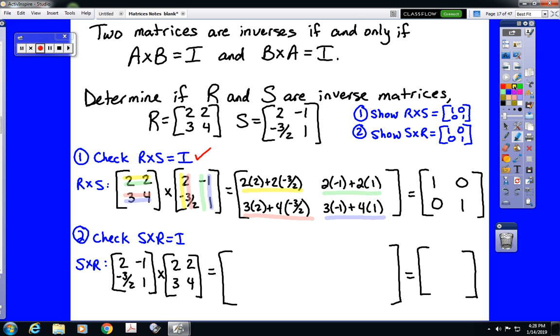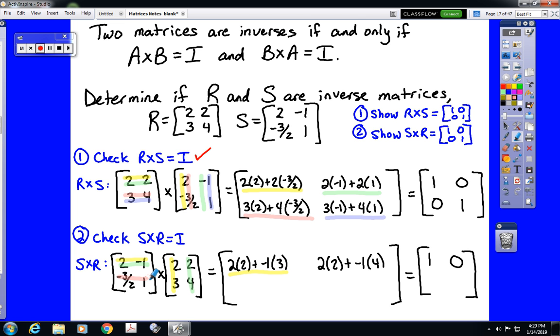So we start off and we say, okay, we're using the rows from S and the columns from R. So we're doing 2 times 2 plus negative 1 times 3. That would equal 1, so we would continue. So then we would do row 1 times column 2, which would be 2 times 2 plus negative 1 times 4, which would be 0.